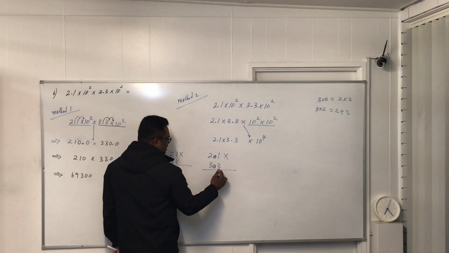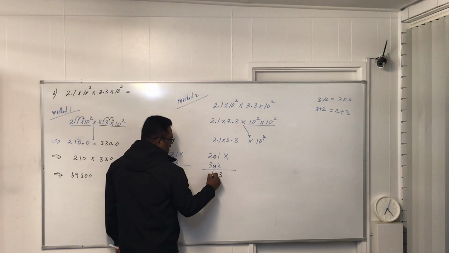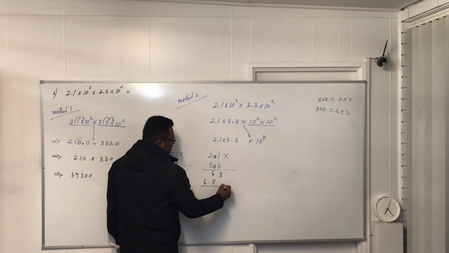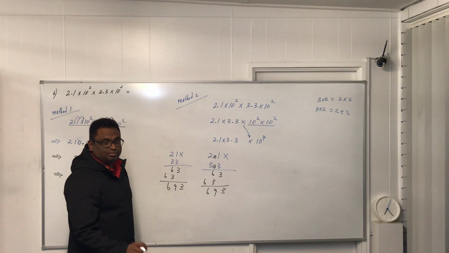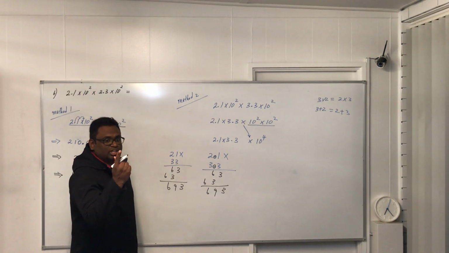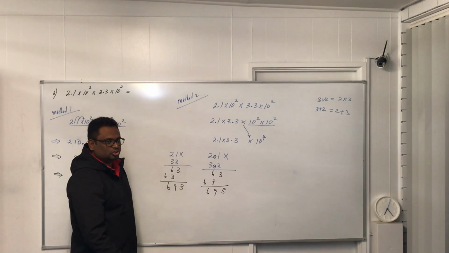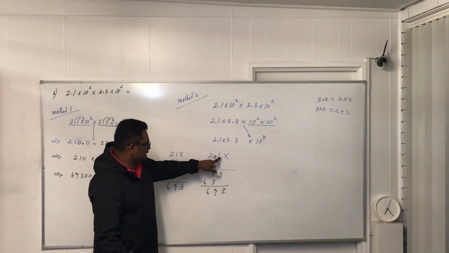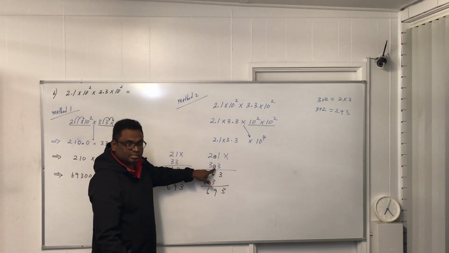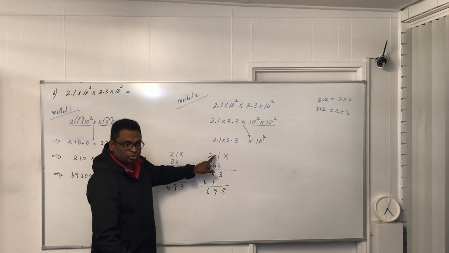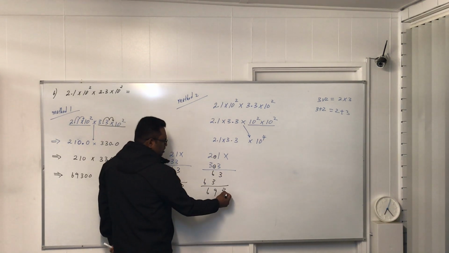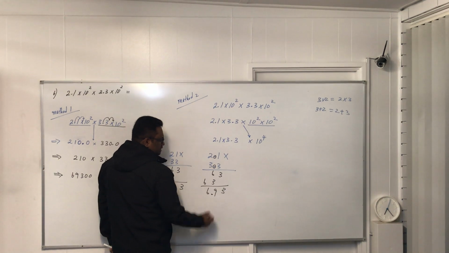So 3 times 1, 3, 3 times 2, 6, 3 times 1, 3, 3 times 2, 6, 3, 9, 6, right? Then we will consider the number of decimals. How many decimals are there? 2. See? Here in the second place, right? Here in the second place, right? So, how many total? 2. So, from here, you go 1, 2. That's all.